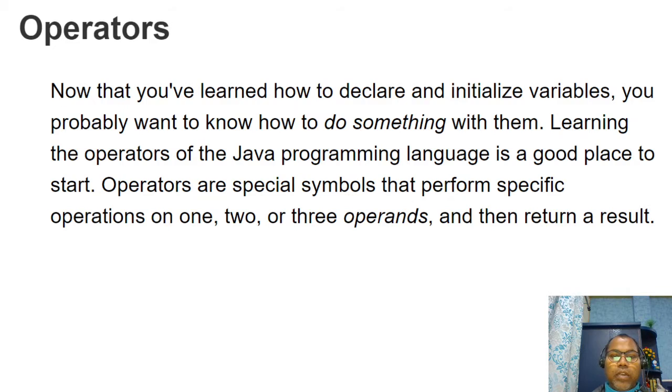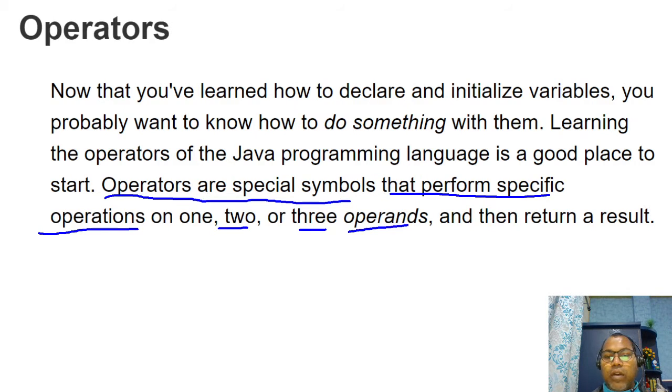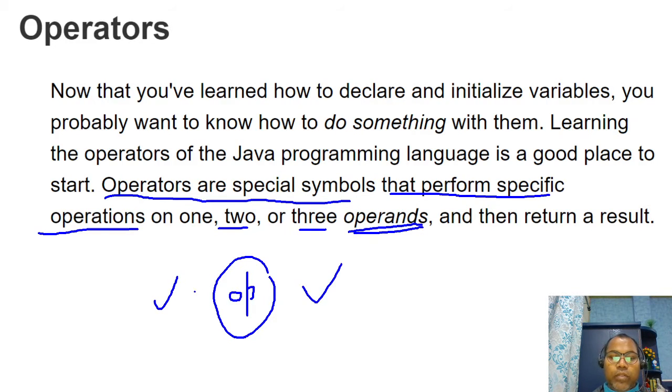So it's clear, what are operators? Operators are special symbols that perform specific operations on one, two, or three operands. This is your operator, and operators need some operands, operand 1 and operand 2.